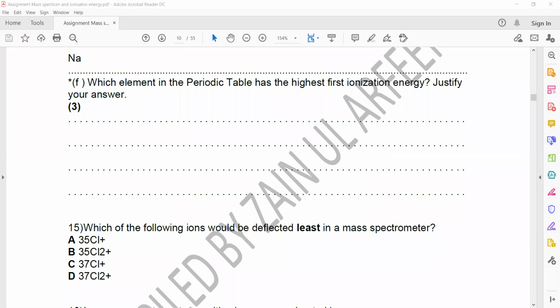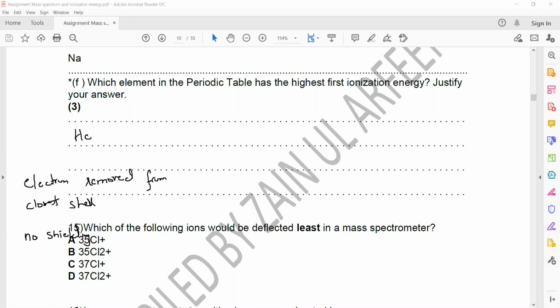The first thing, you will mention the name of the element. So that's helium. The second thing, because the electron is removed from the closest shell, and it has no shielding effect.